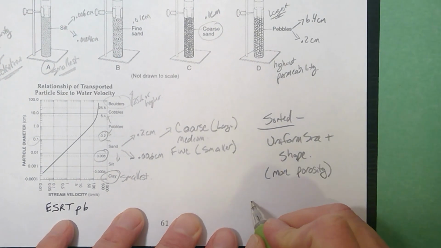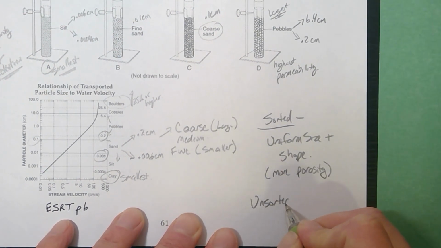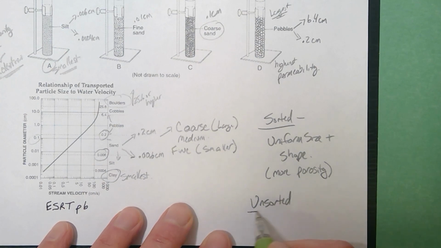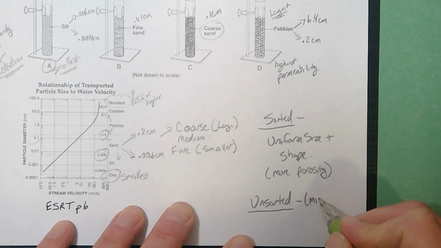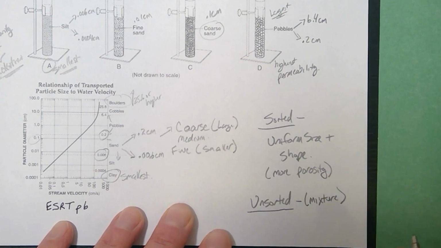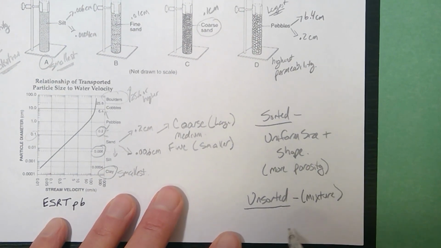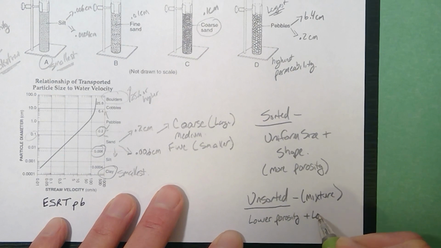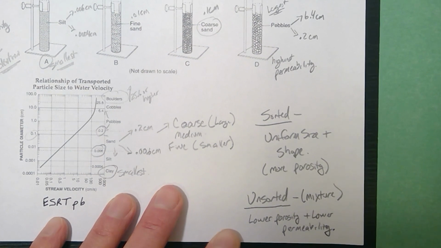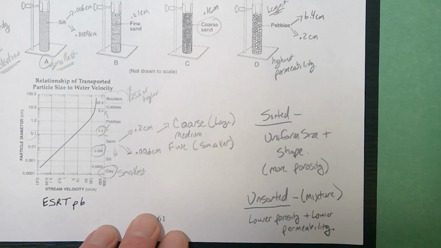The easiest way to reduce the space or fill up the pores is to make it an unsorted sample. Unsorted would mean a mixture. The small ones would fit between the large ones, and unsorted particles are going to have a lower porosity and a lower permeability. The little particles clog up the pores for the big particles.